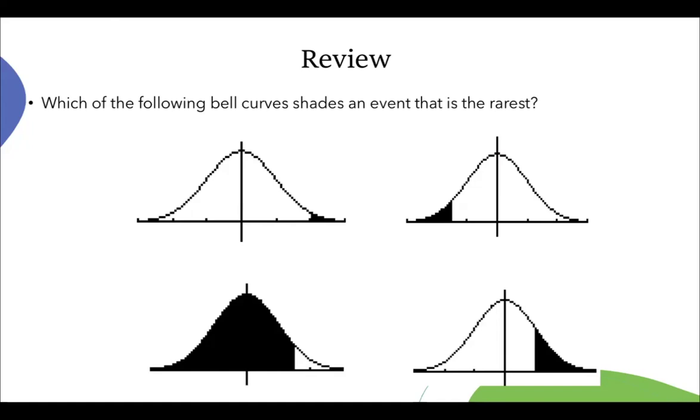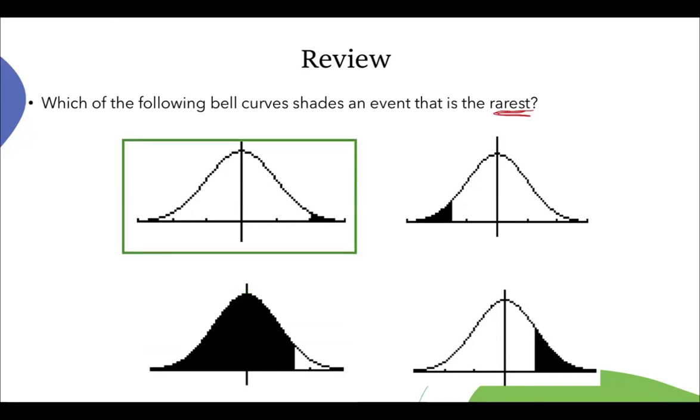You should look at the shaded areas and recognize that it doesn't matter if it's on the right side or the left side of the curve, but a rare event is one in which the probability is smallest, and that occurs when the area that's shaded in is smallest. So this is the one with the rarest event because this piece of area here is smaller than all the other shaded pieces of area.